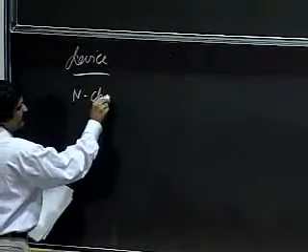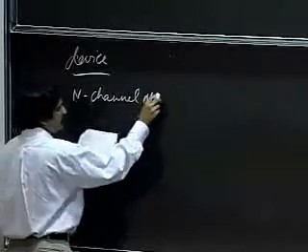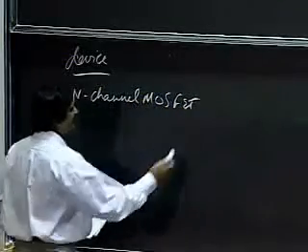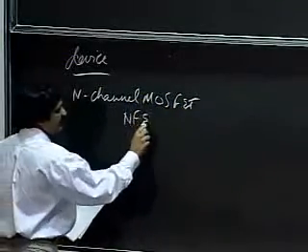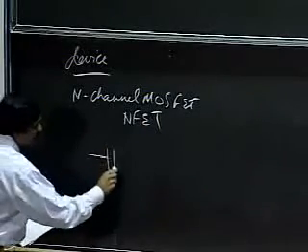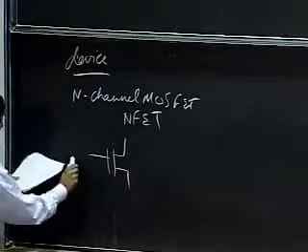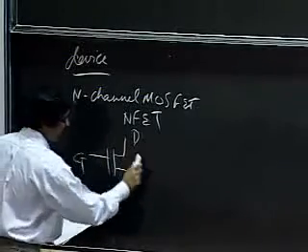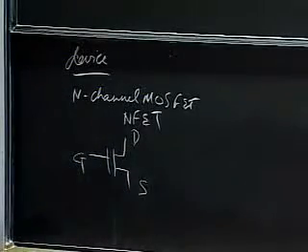So our N-channel MOSFET, also called the NFET. This is what we've been seeing all this while. It is drawn like this. I have a gate, I have a drain, I have a source.